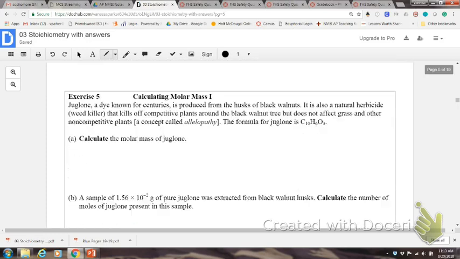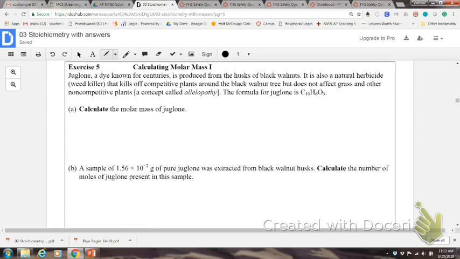And then, so here we're going to do this one, and then we're going to put molar mass and conversions to rest. So we have this formula called juglone, which is weed killer. Here is its formula.